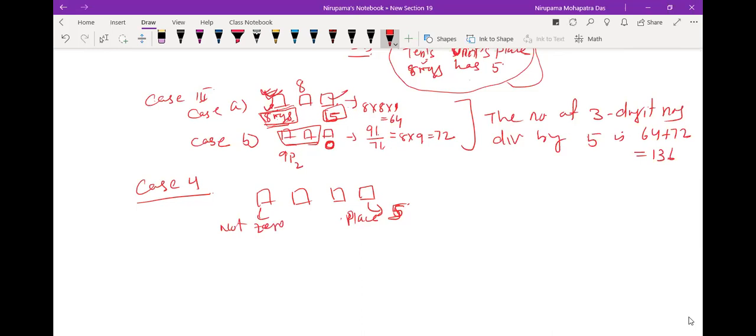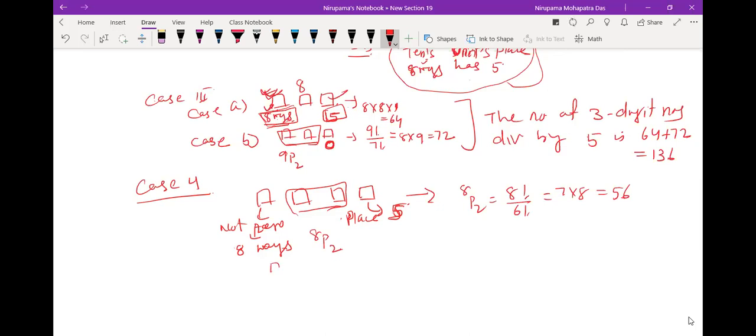That means you have 8 ways for this. बिकॉज 5 को हमने यहाँ पे रख दिया, 0 यहाँ पे नहीं लेंगे, फिर 8 वेज. So remaining 8 digits, 2 places. For these 2 places you have 8p2 ways. So when 5 is in units place you have 8p2, that is factorial 8 by factorial 6, 7 into 8, 56. So 56 numbers when 5 is in units place.